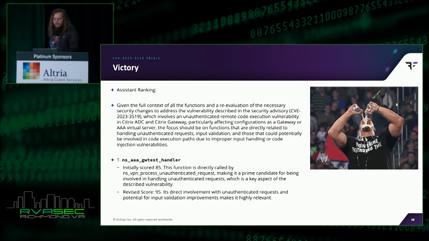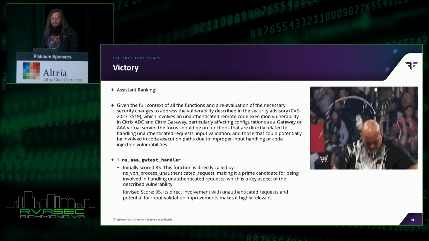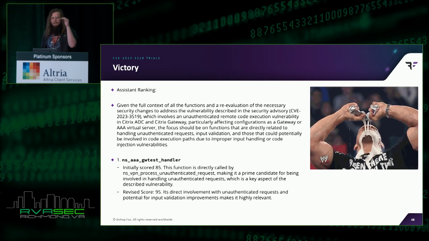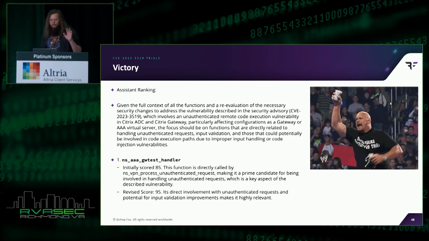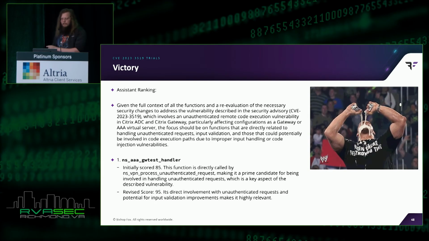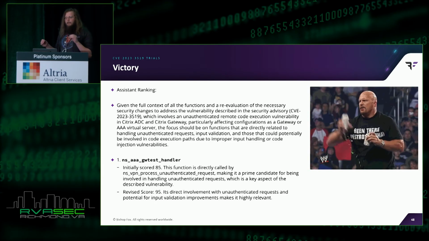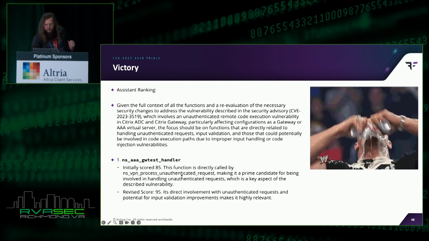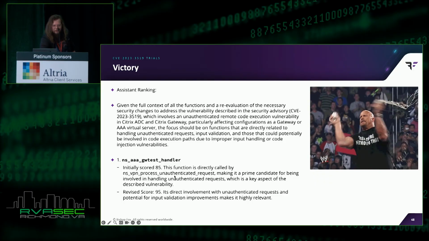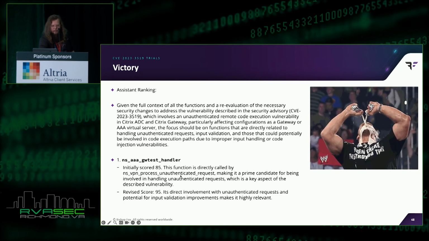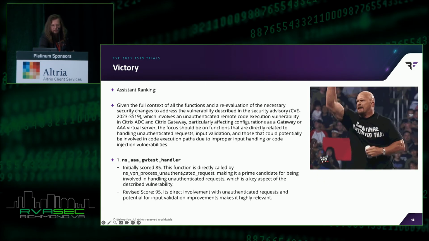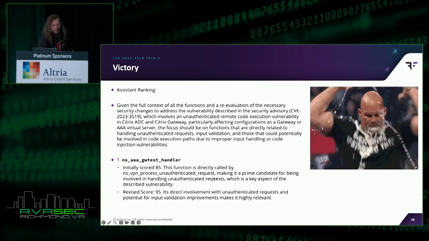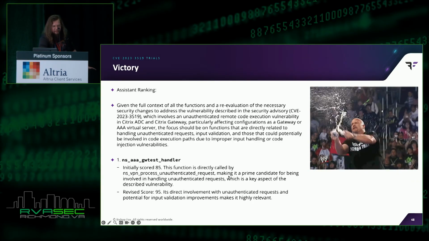And we are actually able to find it. This is the thing that I actually didn't believe at first. It ranked my function as number 1, not 2, not 3, not 4, as it had never gotten this good. It never had gotten to adequately even describe that. The thing that I just want to highlight is that even its justification is like, it is directly called by an unauthenticated request, so it's a good candidate.